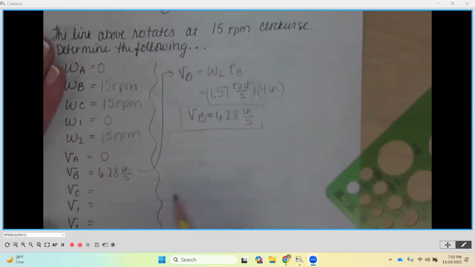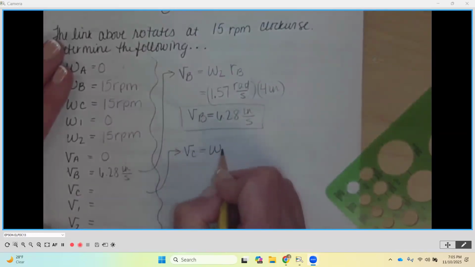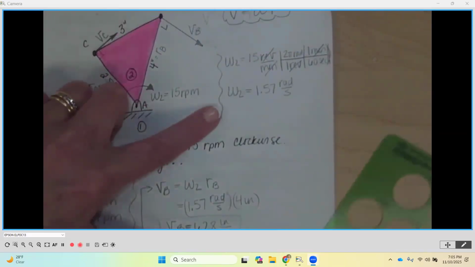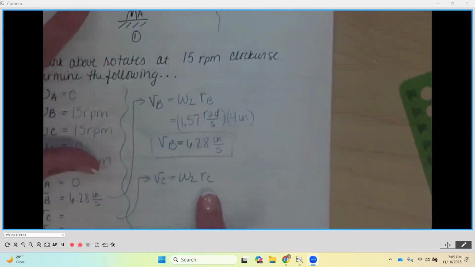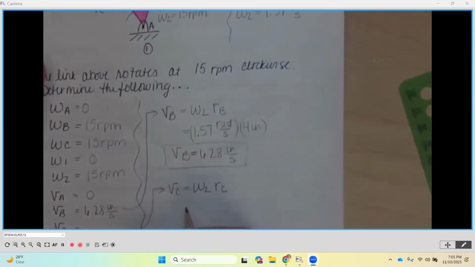So velocity of C is equal to, same link, it's on the same W2. So it's going to have the same 1.57 radians per second, but this time it's going to be the radius C, which is 2.5, right? So that's going to be equal to 1.57 radians per second times 2.5 inches.